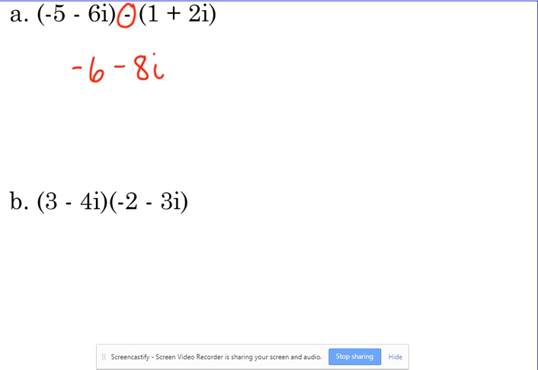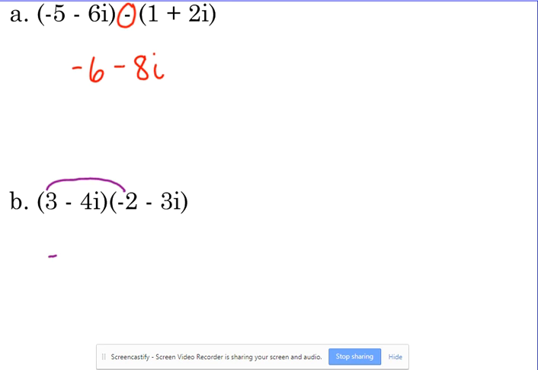Would we multiply just the 3 and the -2 and the 4i and 3i? We've got to FOIL or double distribute or use the box or whatever you've been taught. It's still 2 terms times 2 terms. It's a binomial times a binomial. So we need to FOIL.